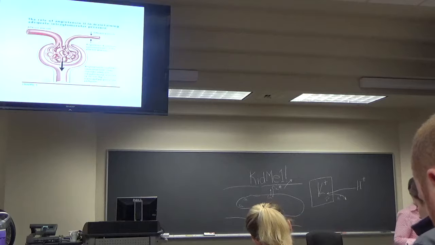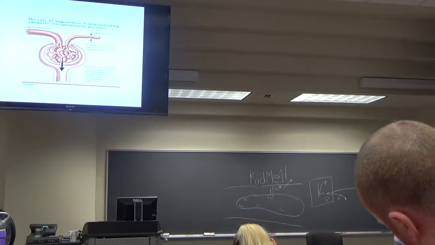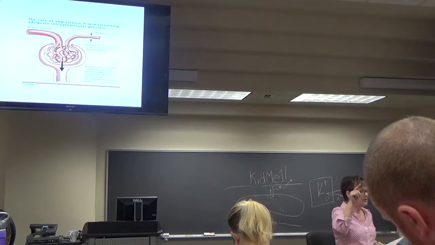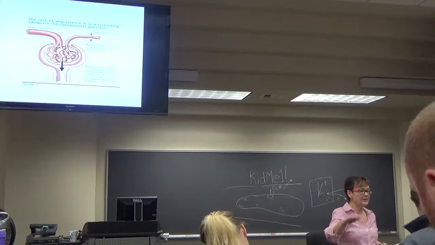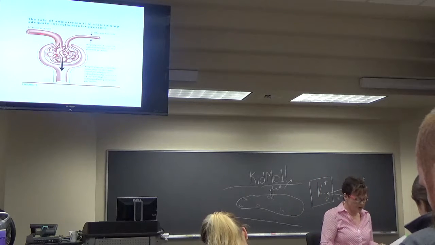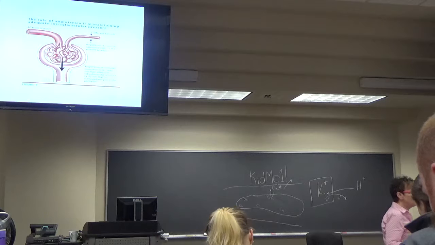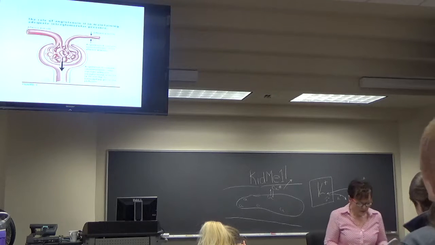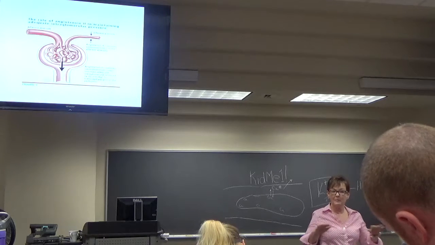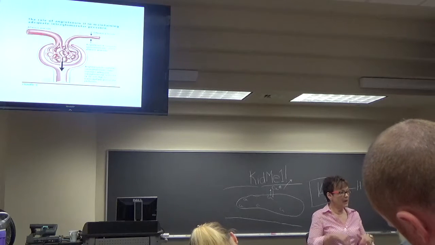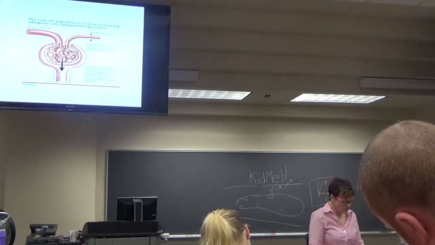So with ACE inhibitors and ARBs, in some people, you won't see it in everybody, but in some people, you'll get enough of a decrease in glomerular filtration rate that their serum creatinine will just go way up because their GFR goes down. Happens soon, so that's one thing to keep in mind. It happens quickly, in a few days after starting. Usually will stabilize. Sometimes people will just watch it. But if it is a severe impact, you may have to take them off of it and move to another drug.